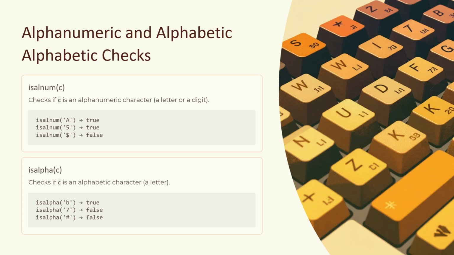Let's see some examples. isalnum of 'A' returns true because A is an alphabetical letter. isalnum of 'S' returns true because it is an alphabetical character. isalnum of '5' returns true because it is a digit. isalnum of the dollar symbol returns false because symbols like dollar and hash always return false, as they don't come under alphabetical letters or numerical digits.